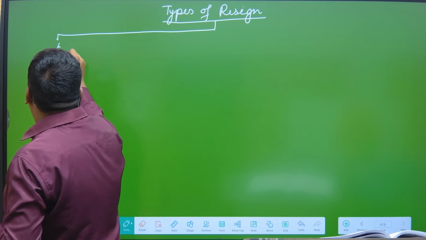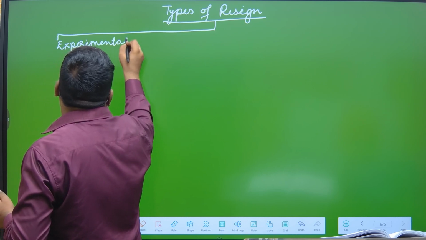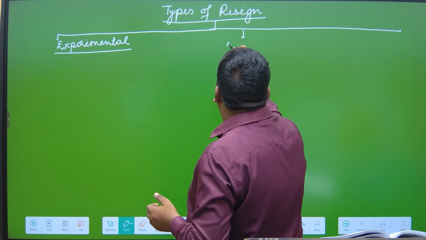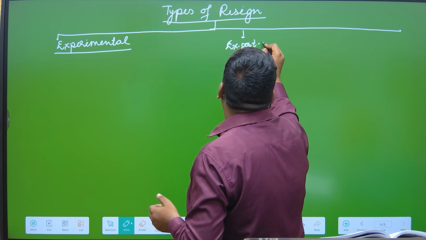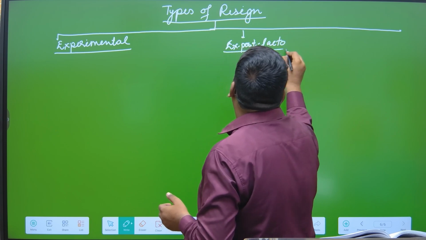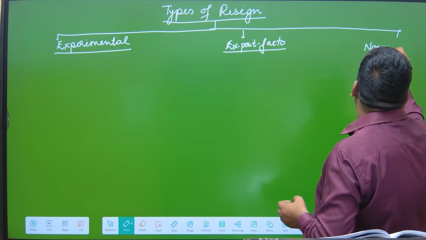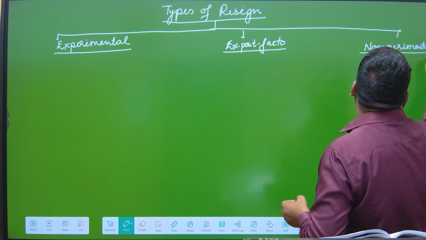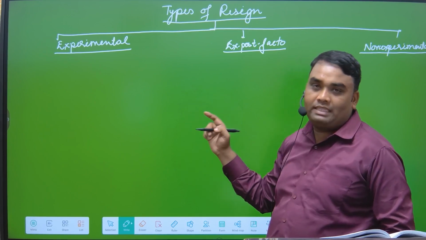First is experimental research design, and second is ex post facto research design. It is also called quasi-experimental design, right? And third is non-experimental design. So we are going to handle the first of these topics.